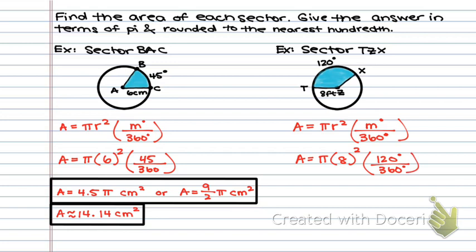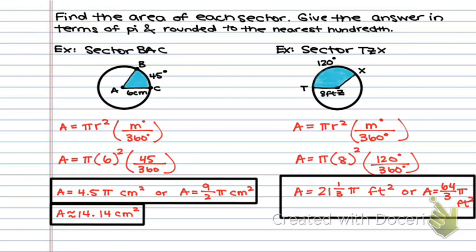When you leave your answer in terms of pi, you get 21.333333, which of course we're smarter than to write repeating decimals. So you can write 21 1/3 pi feet squared. Or you can write area is equal to 64/3 pi feet squared. That's you leaving your answer in terms of pi.